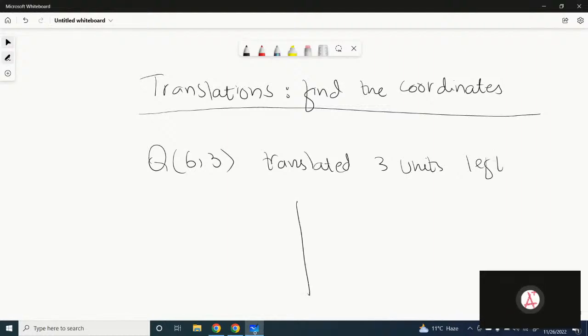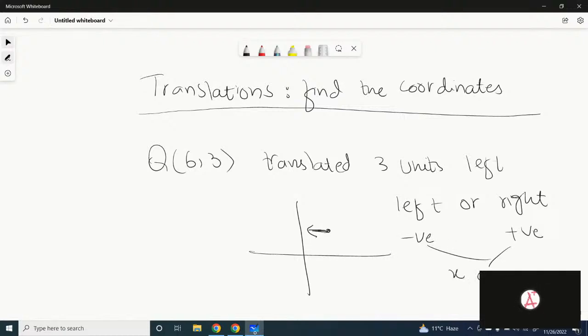So let's suppose here you have a point. If you move left, that means you move to this side. So you have to subtract the value of the x coordinate. Whenever you move left or right, for the left one, you have to subtract, and for the right one, you have to add to the x coordinate.